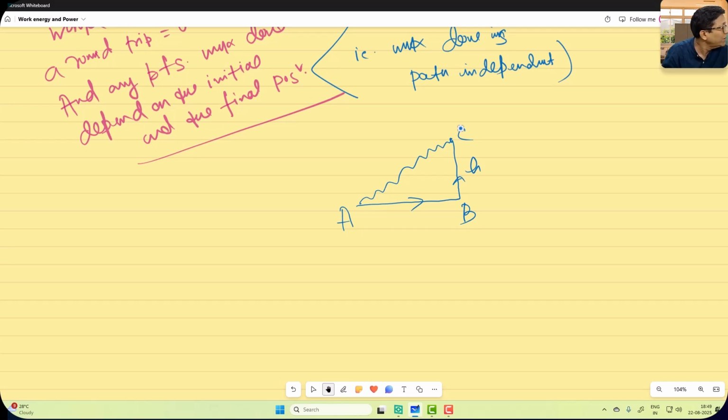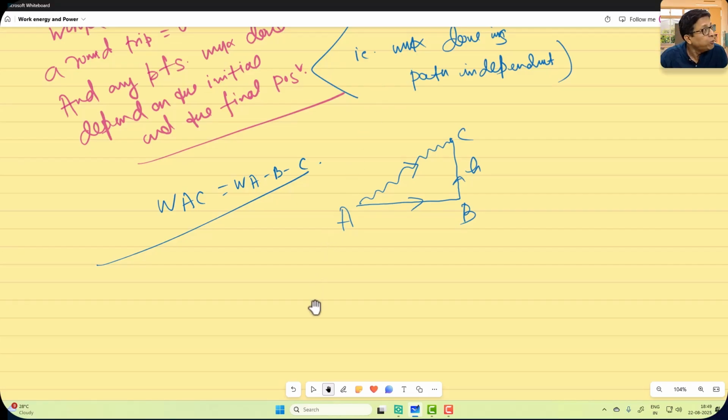Work done will be what? It will depend on the vertical height only. In both the cases, work done WAC and WA to B to C will have the same value. Okay? It depends on the vertical height here. So this is the case of conservative force.